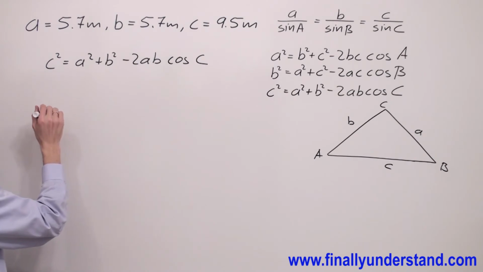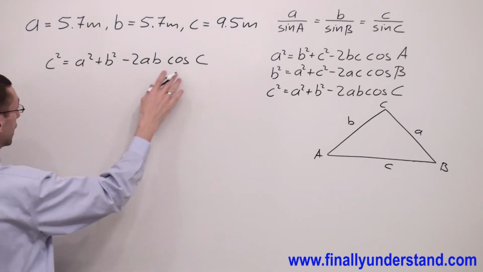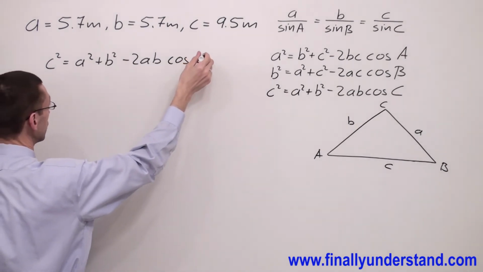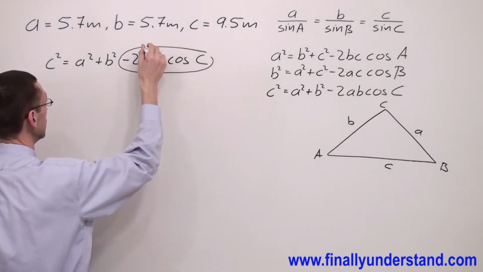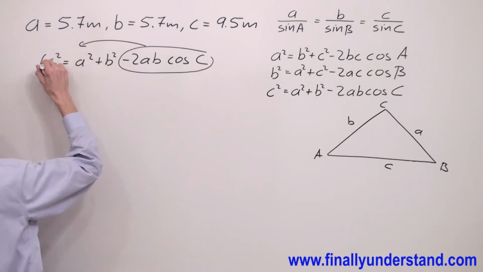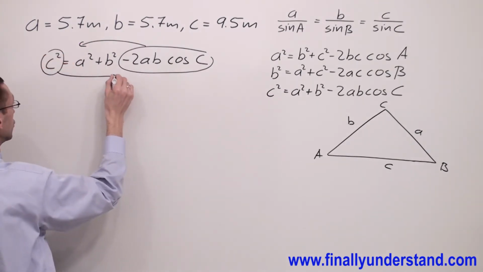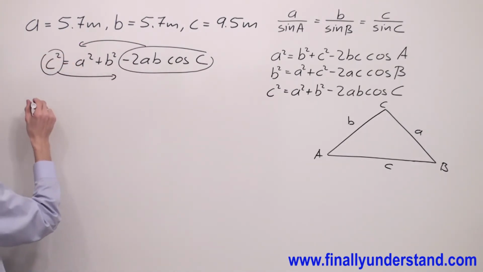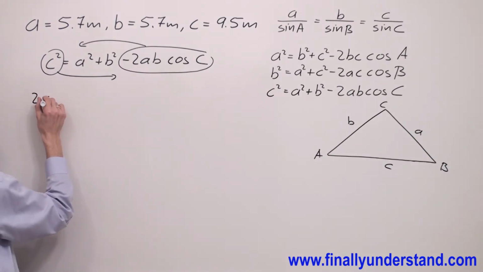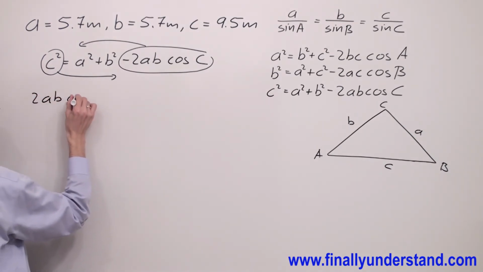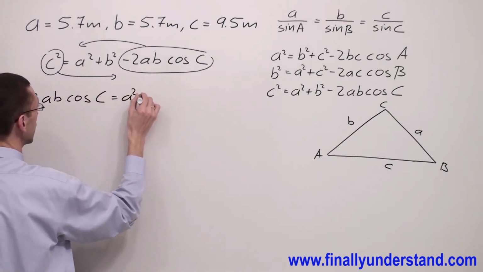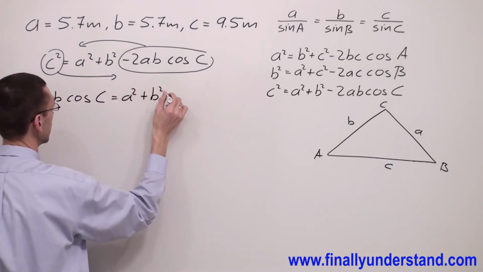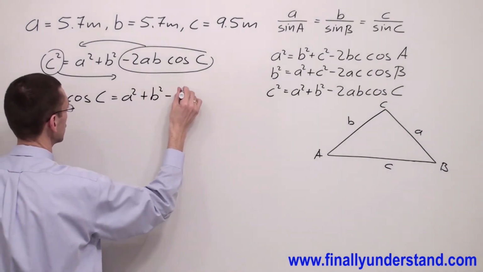So in order to solve this formula for angle C, I'm going to move this part of my formula to the left side, and C square to the right side. So I'm going to have 2AB cosine angle C equals A square plus B square minus C square.